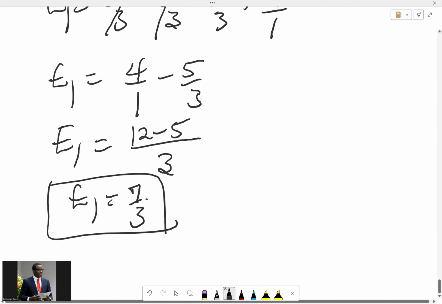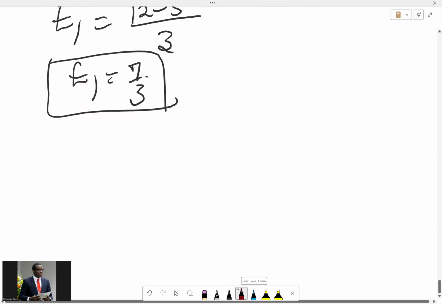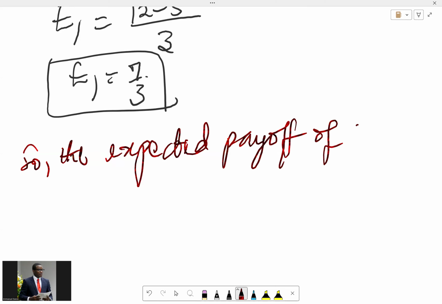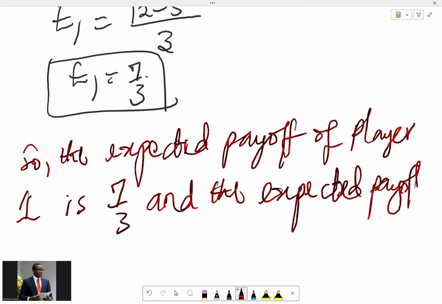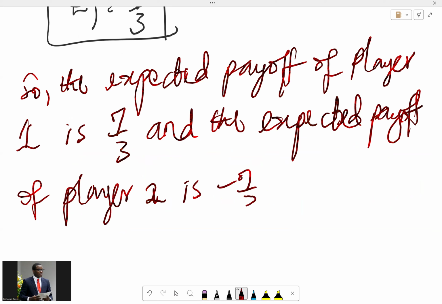Okay, 7 over 3. Since it's a zero-sum game, the expected payoff of player 1 is 7 over 3, and the expected payoff of player 2 is minus 7 over 3.